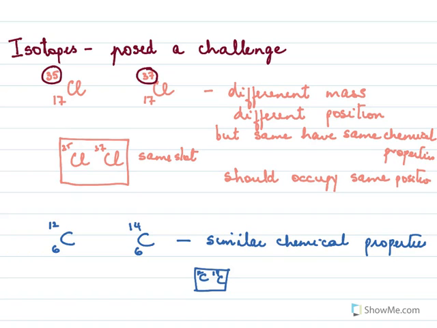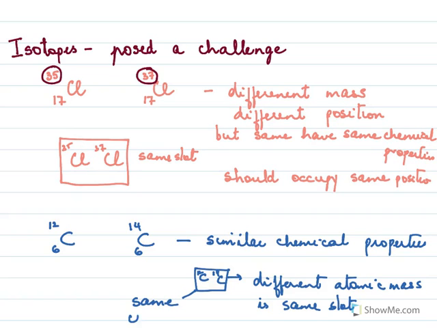They have to be put in the same slot. So that means different atomic masses in the same slot, which was not proper according to Mendeleev's table. Mendeleev's table was based on atomic masses. Different atomic masses should have been different slots, but both these showed the same chemical properties.